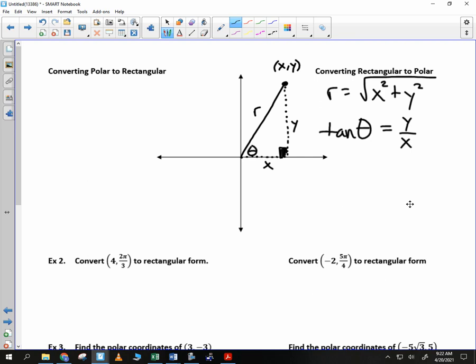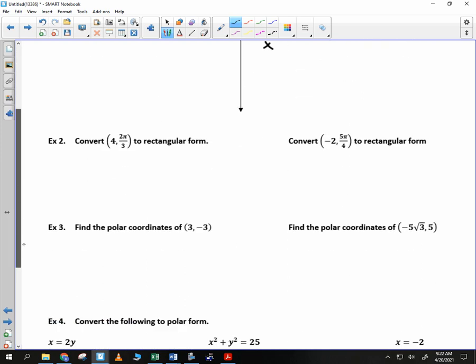That's if you want to go from rectangular to polar. So if you're given an xy coordinate, you just take the square root of x squared plus y squared. That gives you r. If you want to find theta, just solve tangent theta is equal to y over x.